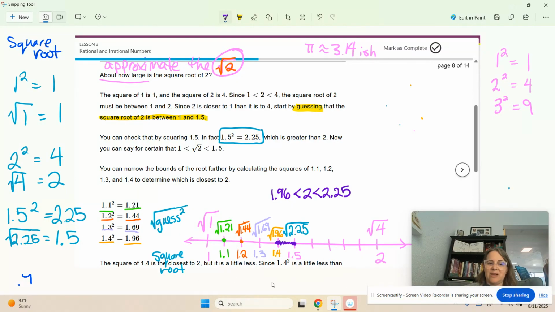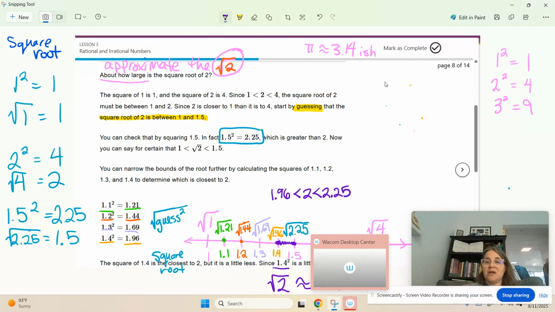We know that it's going to be pretty close to the square root of 1.4 squared. So square root of 2, it's really close. It's approximately 1.4. All right, because 1.4 squared was 1.96, and that's really, really close to 2.